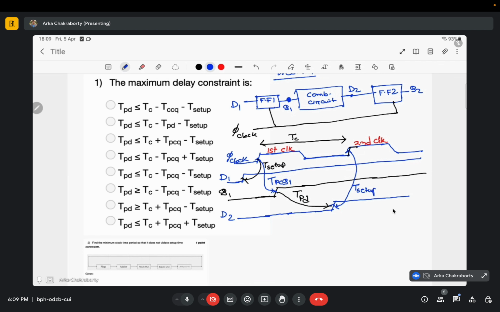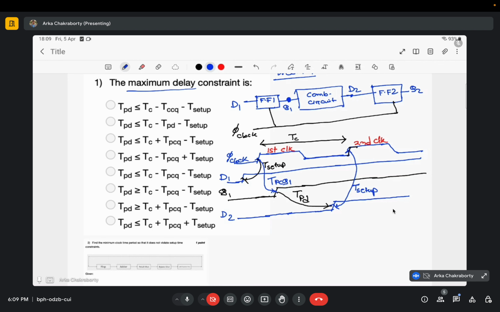I am considering that T propagation clock to Q and T setup are defined for a given library, but this T propagation delay of the combinational circuit we can control. So I am considering that T propagation delay is such that it is making an end-to-end situation, that is, the TPD is so high, the maximum value, because even the maximum delay has been asked here, for which my circuit will work without any setup time violation.